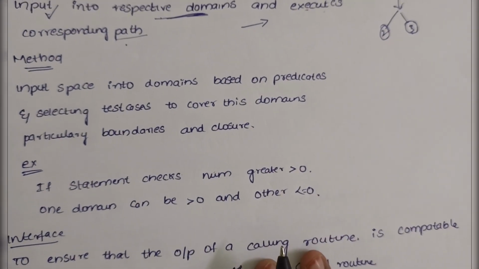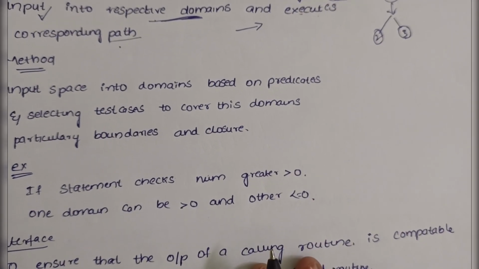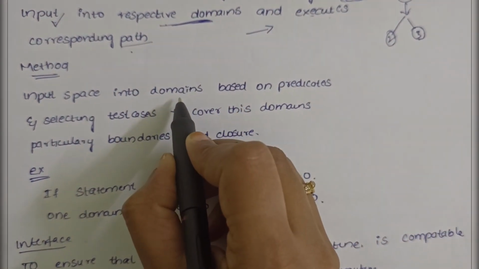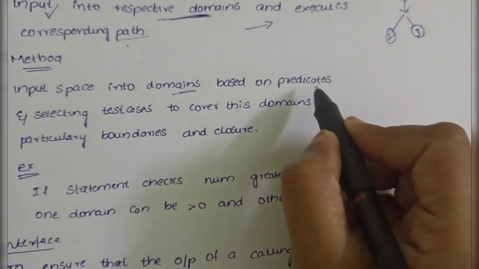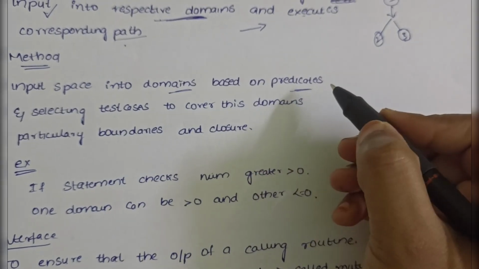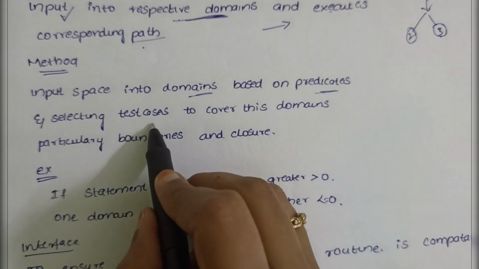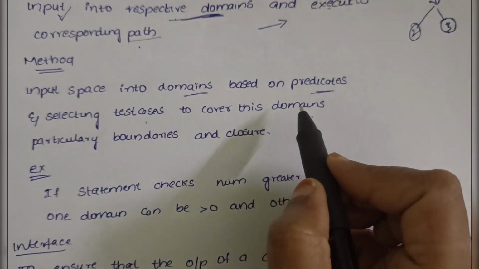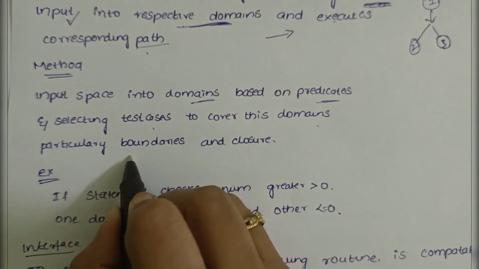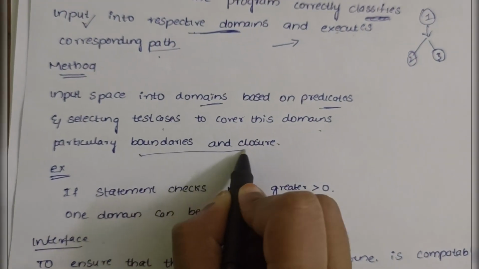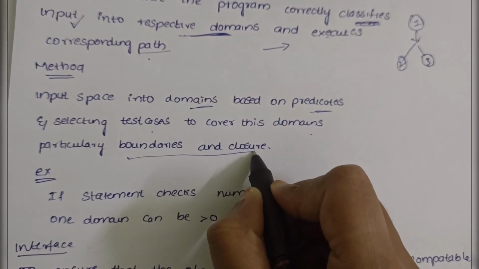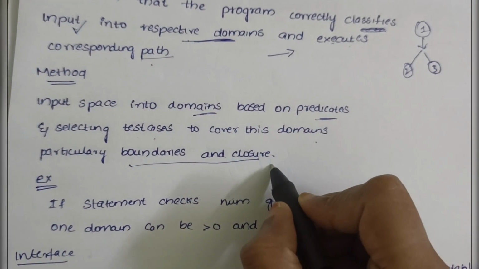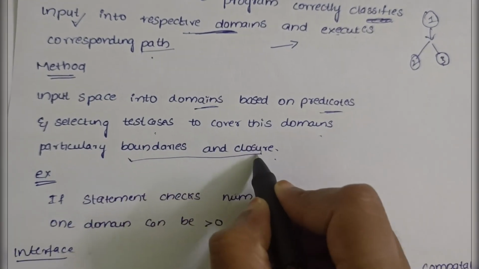The method includes partitioning the input space into domains based on predicates and selecting test cases to cover these domains, particularly boundaries and closures. These can be applications of domain and interface testing.